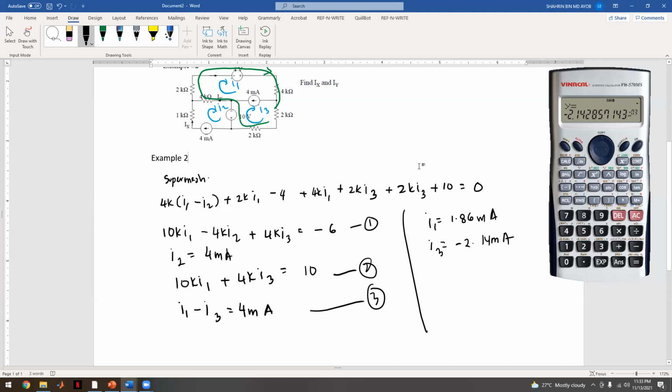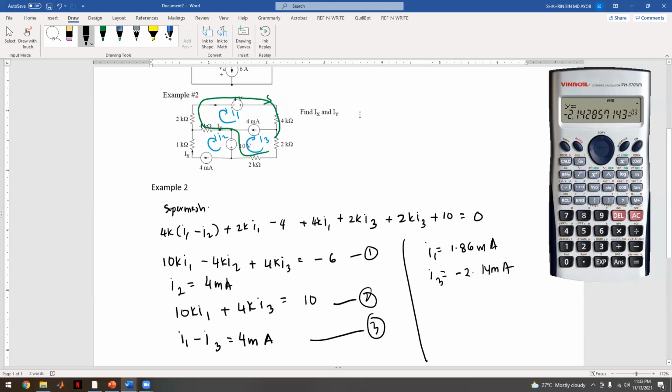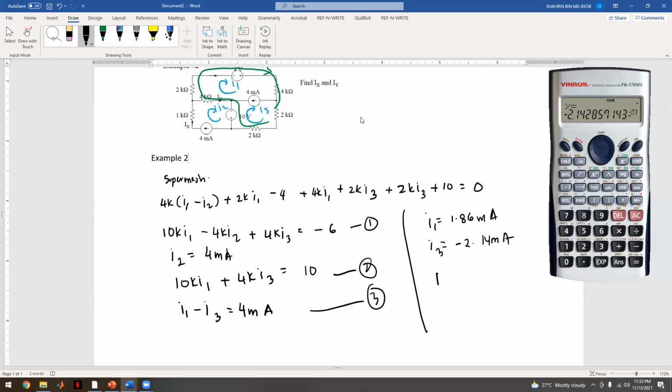Now the question is Ix and Iy. From here we can obtain Ix, which is similar to I2, which is 4 milliamperes, while Iy, as you can see, is a combination of I1 and I3.